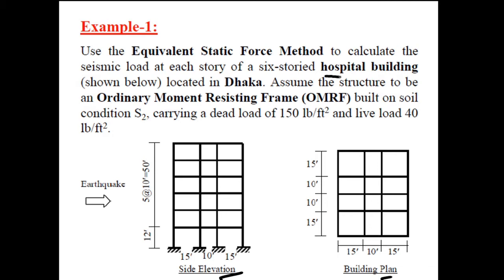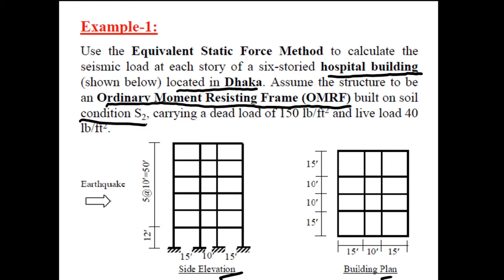So depending upon this type of use, the value of I will change, and the location is also given in Dhaka. So assume the structure to be an ordinary moment resisting frame, and this is another condition to get the value from the BNBC guideline, built on soil condition S2. So here is another condition.